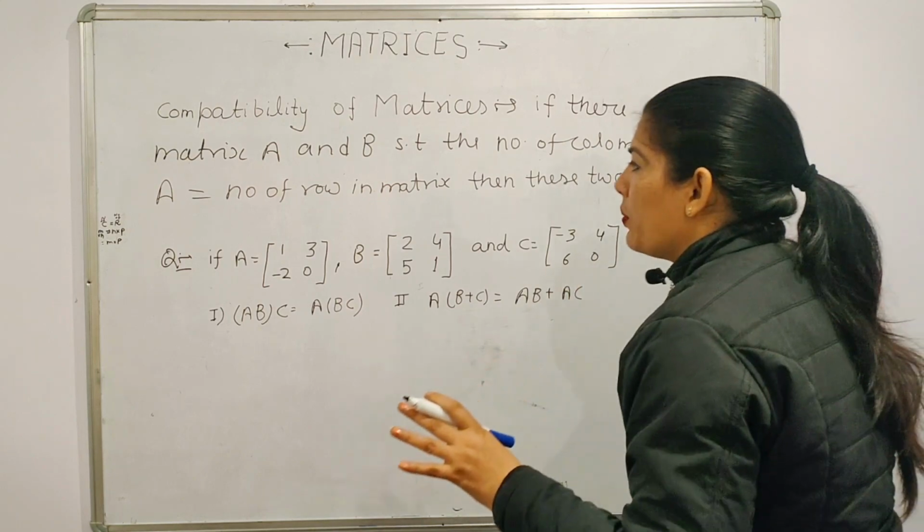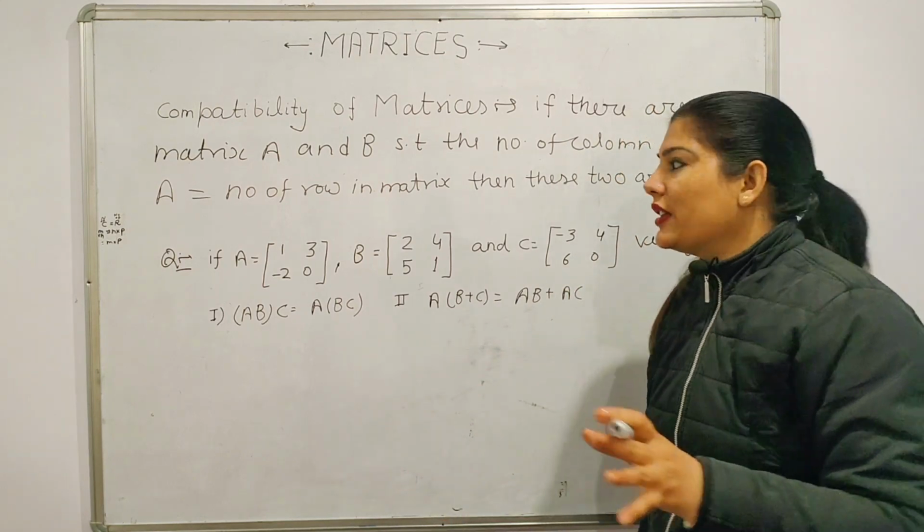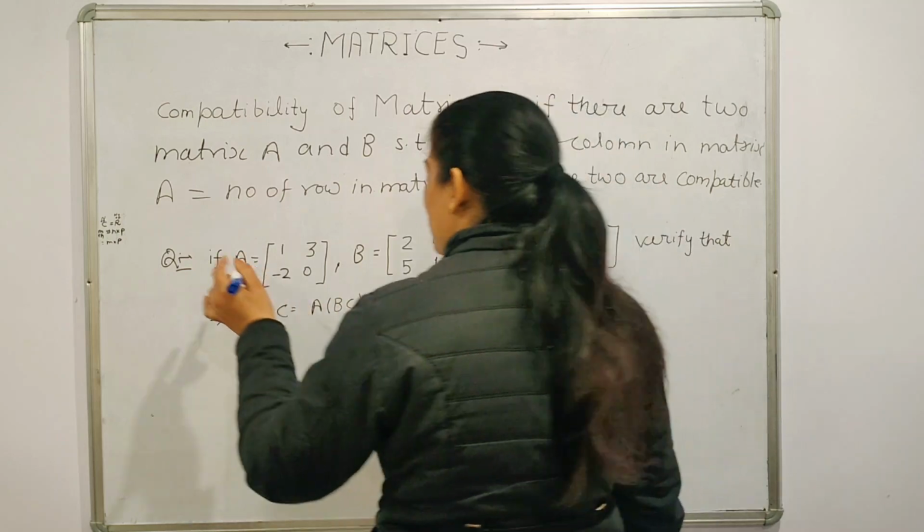And if two matrices are compatible, then we can find the product of those two matrices.